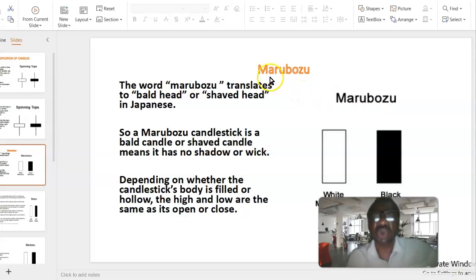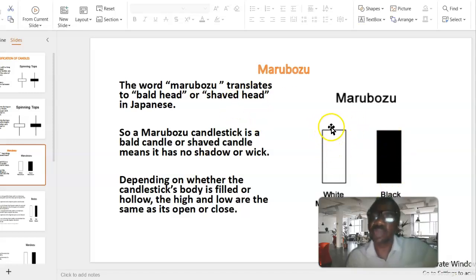The next candle is called the Marubozu. The word Marubozu translates to bald head or shaved head in Japanese. Look at it. This is the white candle of a Marubozu, and this is the black or red candle of a Marubozu.